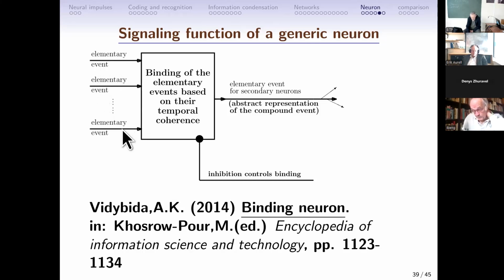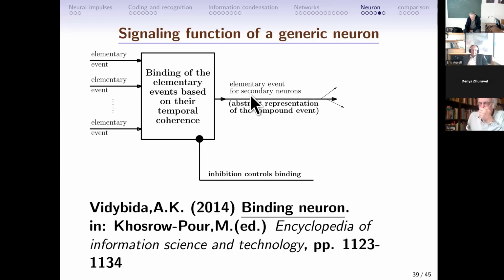If these elementary events are obtained in a narrow time interval, the neuron interprets them as being emanated from a single coherent compound event which happens somewhere here in the external world. It does this by means of triggering and sending an output spike.